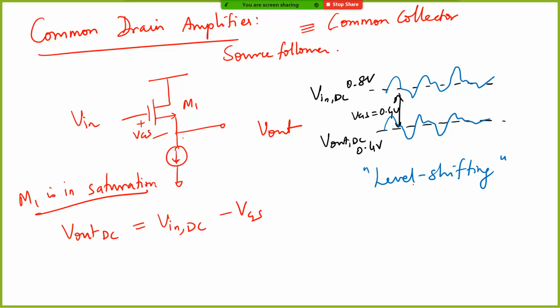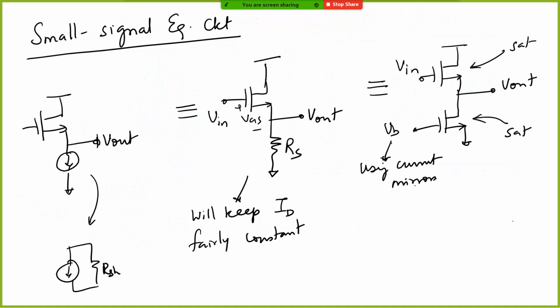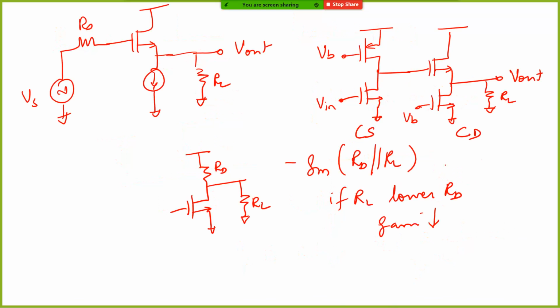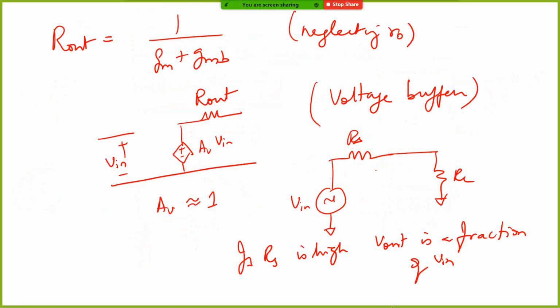Now you are seeing the same expression, but it is the output impedance of your common drain stage: 1 by gm plus gmb.